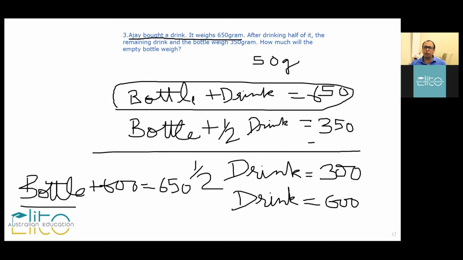Now what I'm going to do is ask the same question for years 5 and 6 and show how it can again be done without using algebra. So this question is now for years 5 and 6.